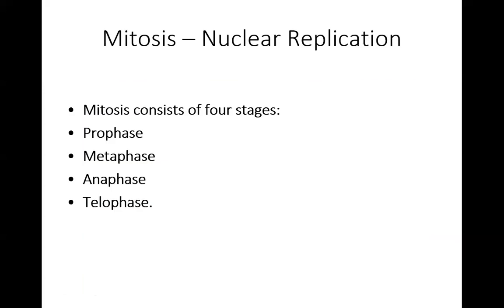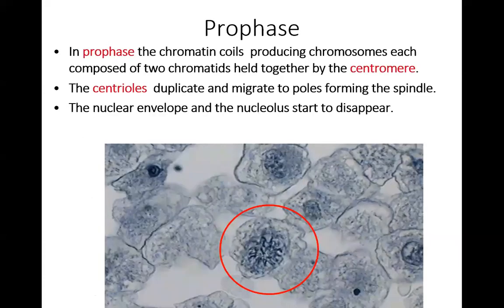The 4 stages of mitosis are prophase, metaphase, anaphase, and telophase. In prophase, the chromosomes are going to condense. If you go back here and look at the nucleus right above the one with the red circle, this cell here is in interphase. There's the nucleus. There's another one in interphase right there.